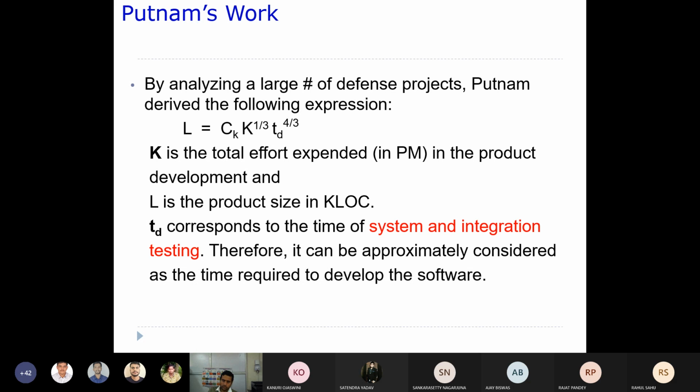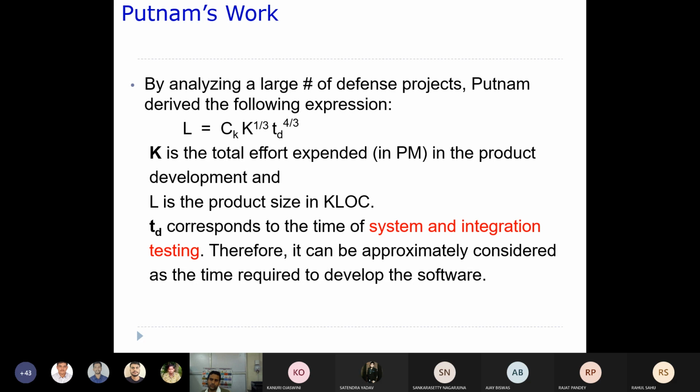By analyzing a large number of defense projects, Putnam derived the following expression: L = Ck K^(1/3) Td^(4/3), where K is the total effort expended, given in person-months, for a particular product type.